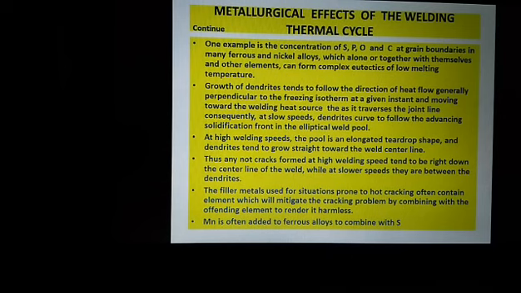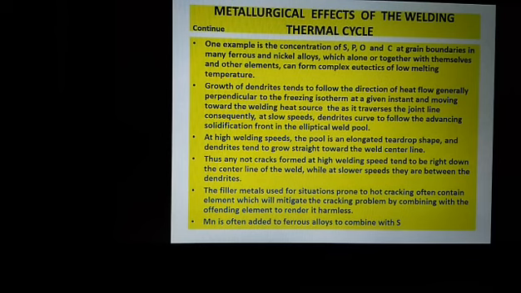At high welding speed, the pool is an elongated teardrop shape and dendrites tend to grow straight toward the weld center line. Thus, any hot crack formed at high welding speed tends to be right down the center line of the weld, while at slower speed they are between the dendrites.